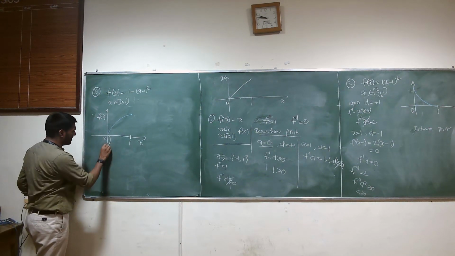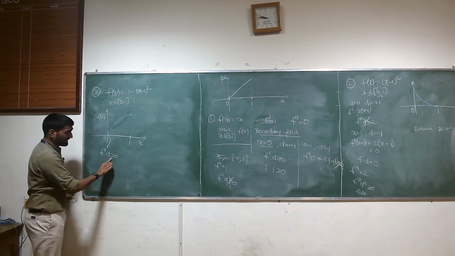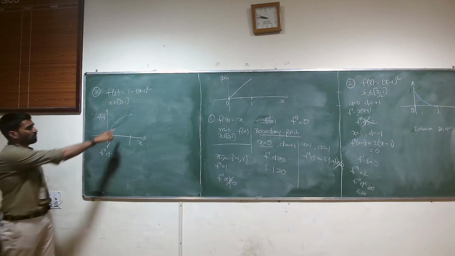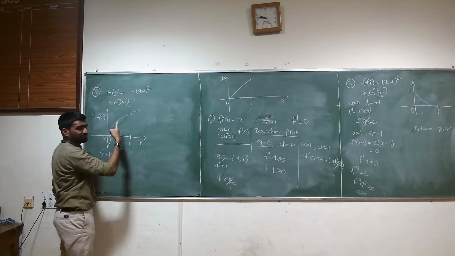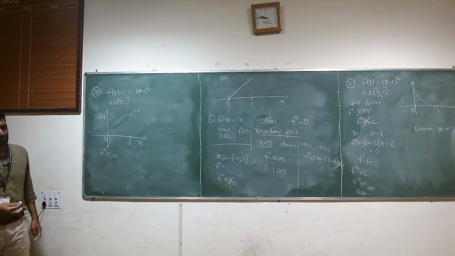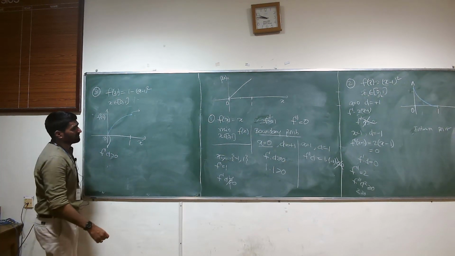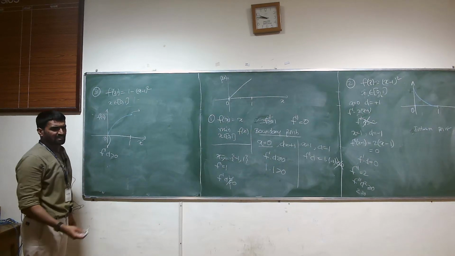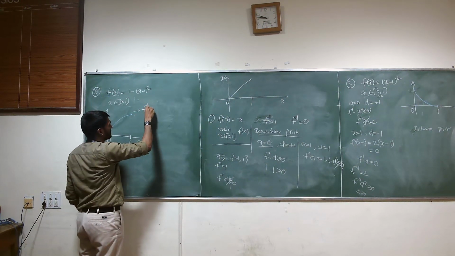So here, f dash will be strictly greater than 0. What about this point? What is the first order condition there? It'll be 0 because the derivative goes to 0 here.